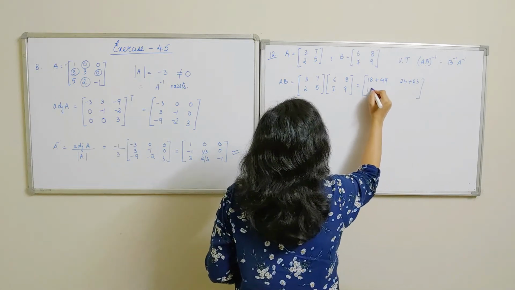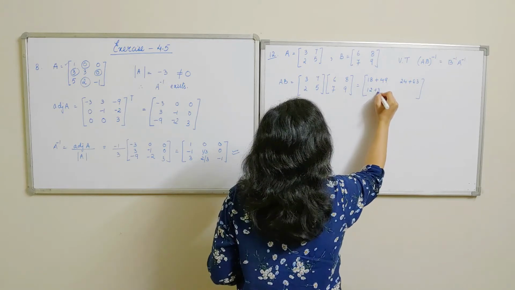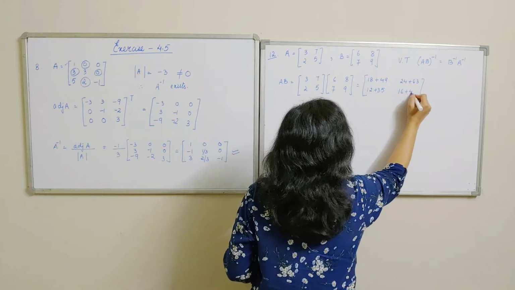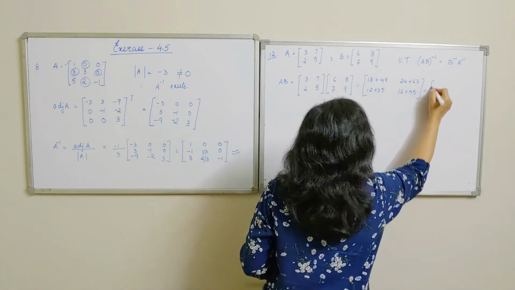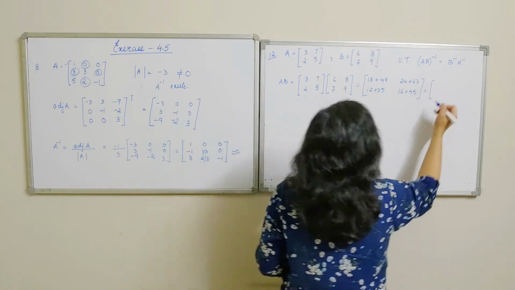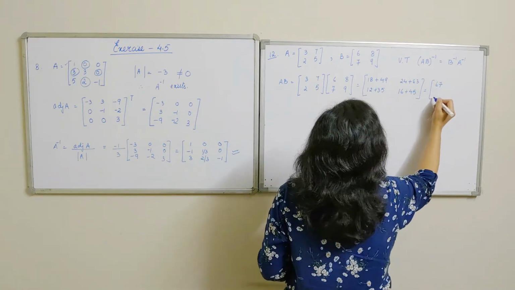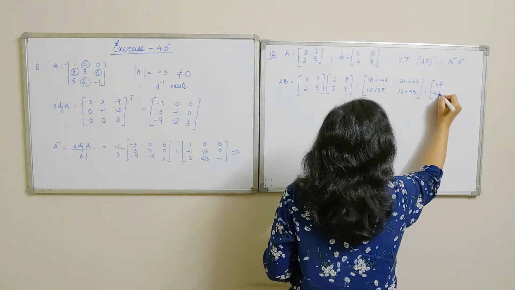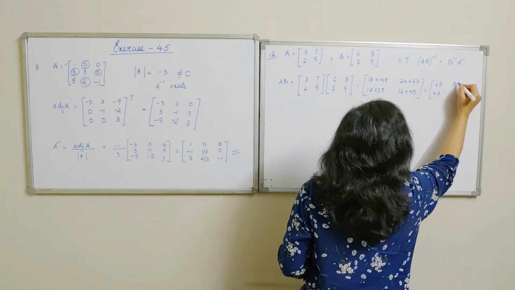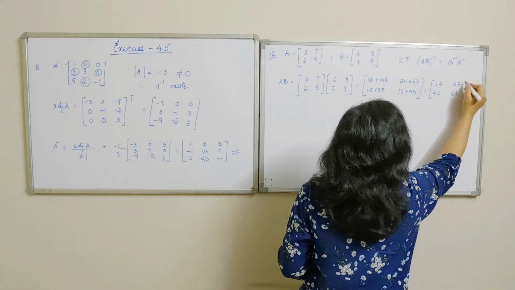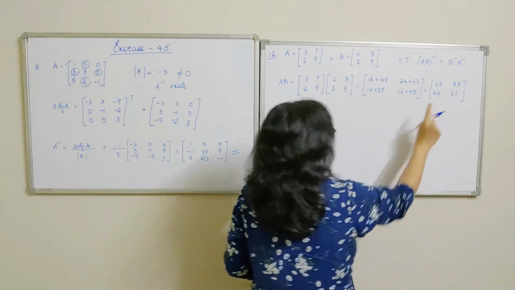Here is 12 plus 35. Next is 16 plus 45. So here we get, this is 59, 67. This element is 47, this is 87, and 40, this is 61. So the product has been obtained.